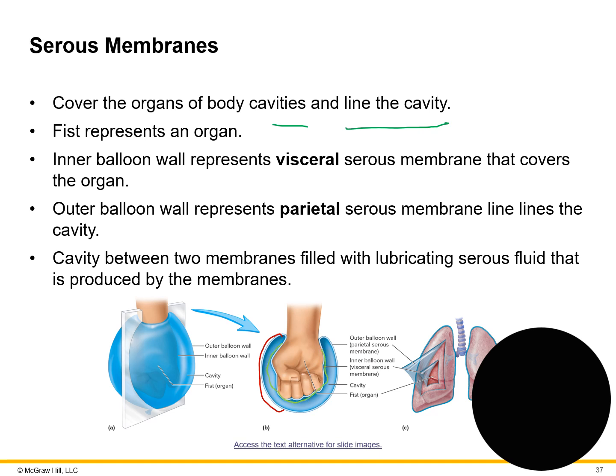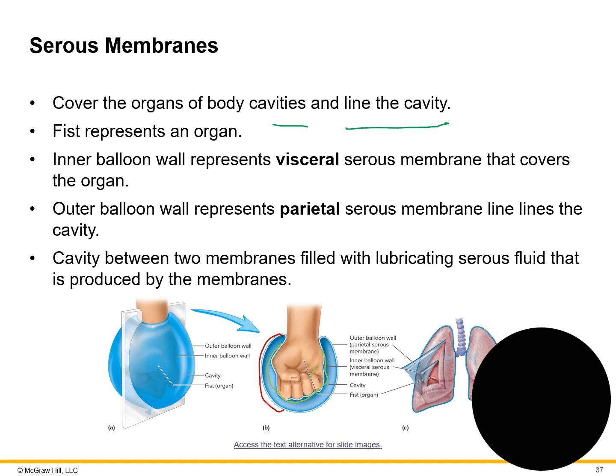The one closer to the fist is called visceral. The one outside, this red coloring, the covering is called parietal. So there are two coverings, and inside is filled with serous fluid. That's the way the serous membrane covers these organs.